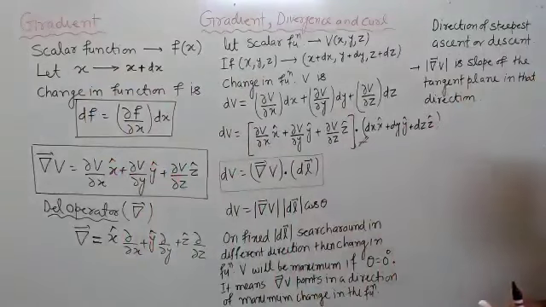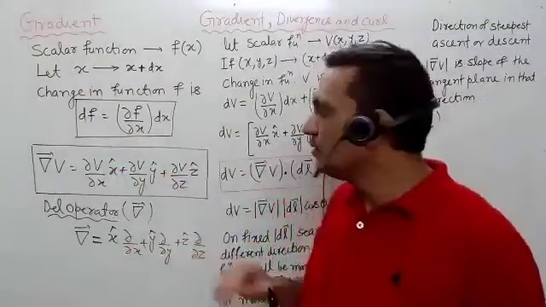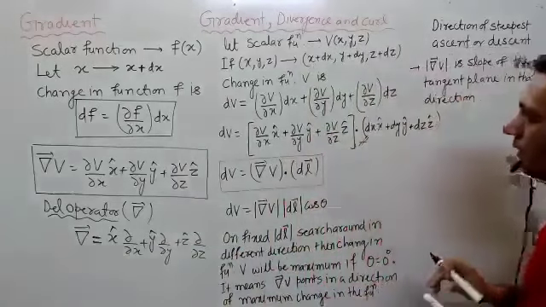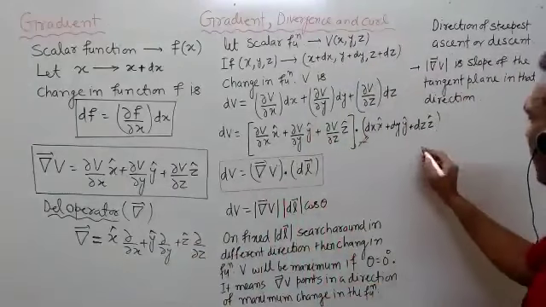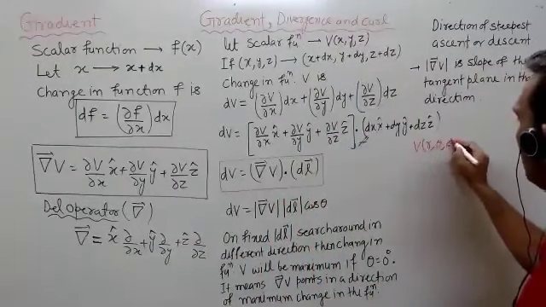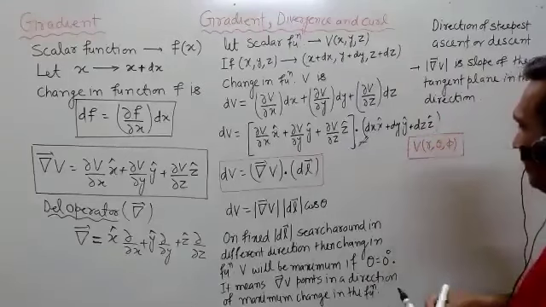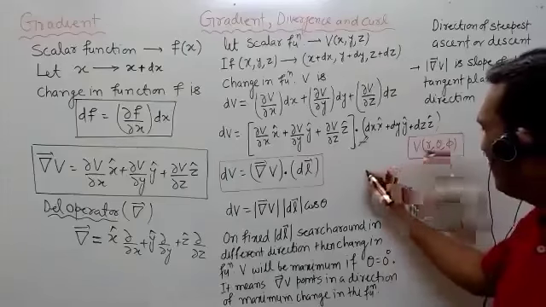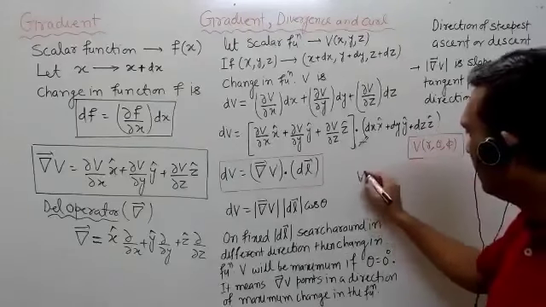Now we will see how to calculate gradient V in spherical polar and in cylindrical coordinate. So in spherical polar coordinate, this is r, theta, phi. You have to just remember how to calculate it in spherical polar coordinate.